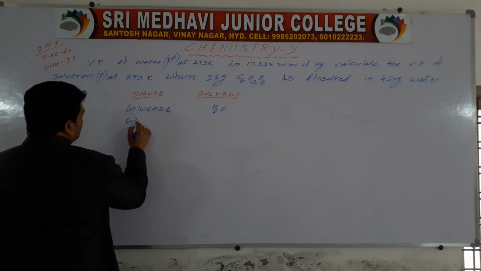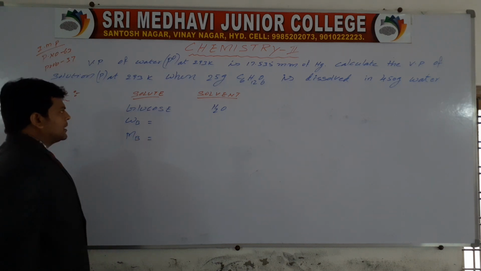So here, for glucose, Wb is nothing but its weight, and Mb is nothing but its molar mass.